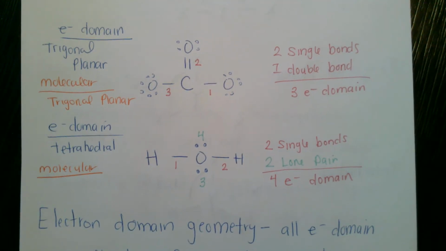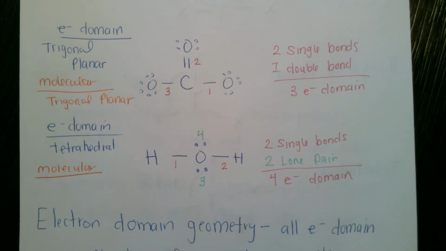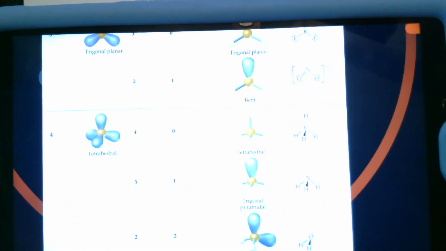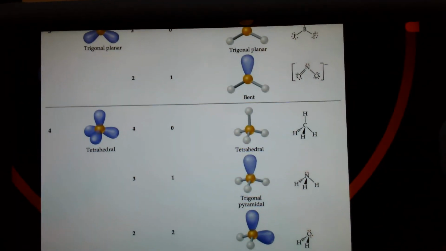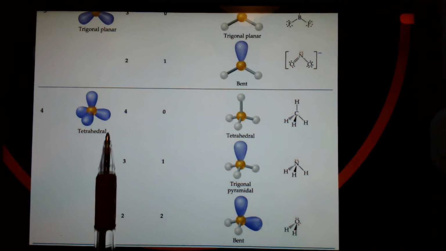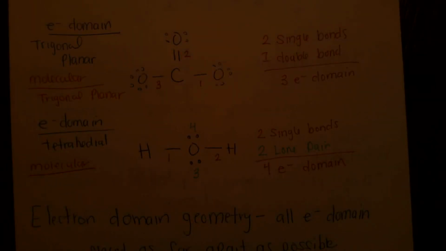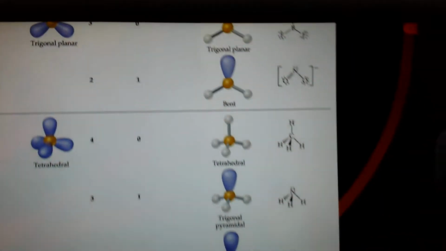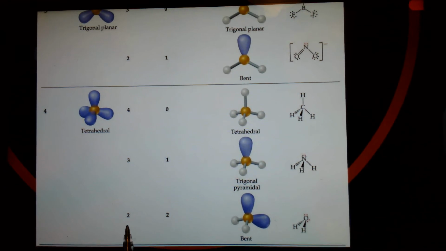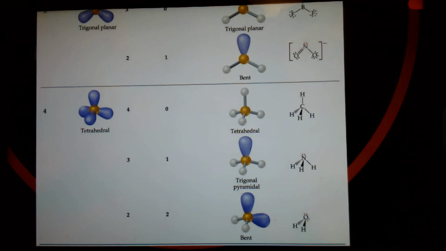Okay, so if we look at this, we definitely have lone pair. So let's take a look at what we have. Okay, so if I bring this up, we have the 4 electron domains. If we look, we know that for water, 2 of them are bonding, 2 of them are lone pair. So if we look for that scenario, we have 2 bonding, 2 lone pair.